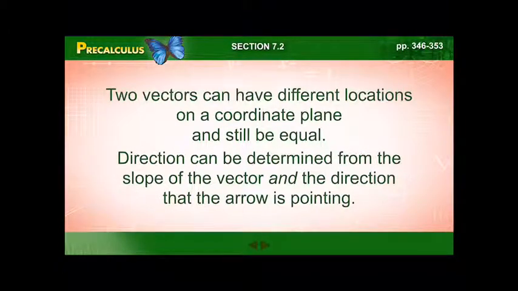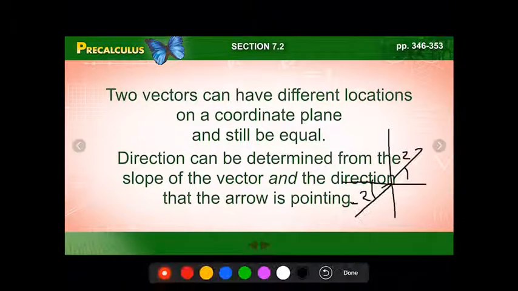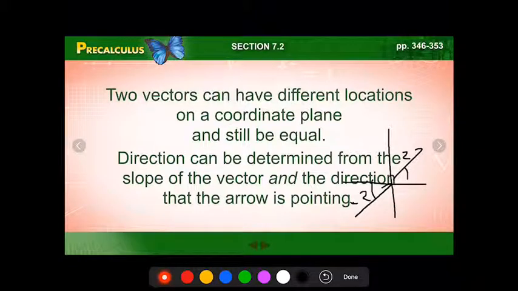Direction can be determined from the slope of the vector and the direction that the arrow is pointing. So the direction is simply which way it's going, and you guys understand slope. If I had the slope of the particular vector, particularly this one that I have here already drawn for you guys, if I were to draw a triangle here, and this was 3 and this was 2, or whatever, or that wouldn't exist. Obviously it wouldn't work.